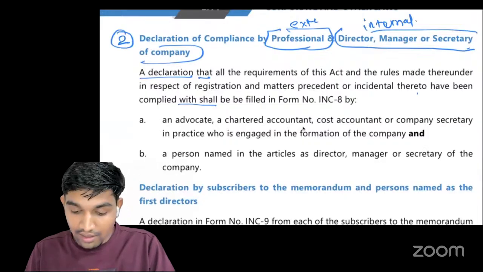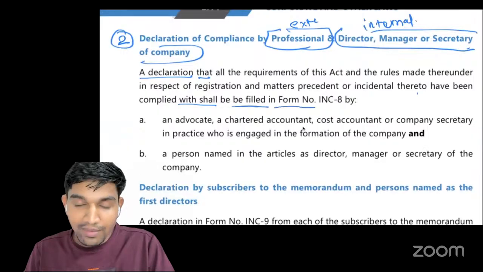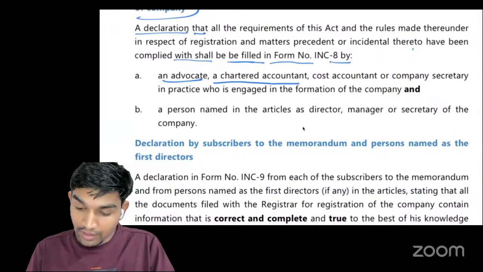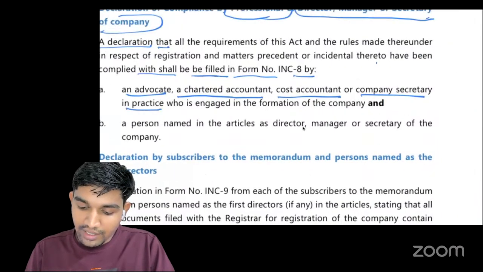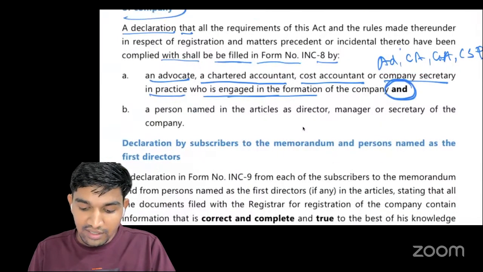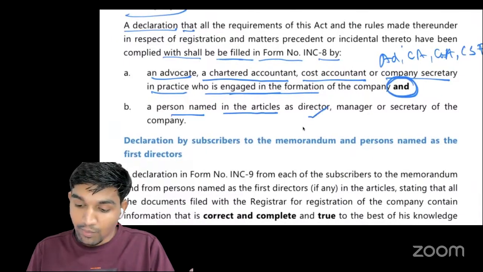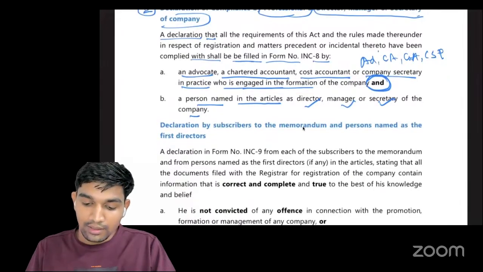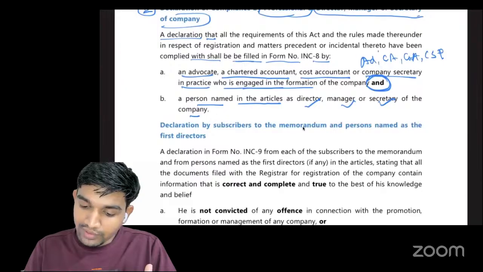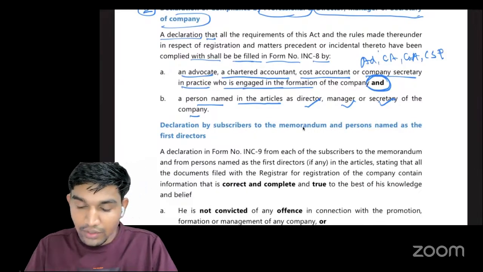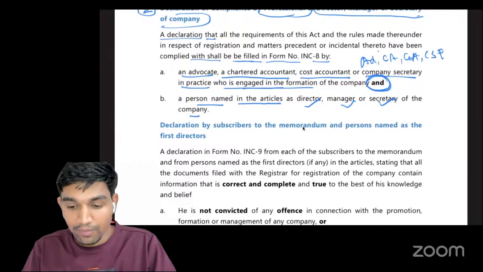It shall be filed in form number INC-8 by an advocate, chartered accountant, cost accountant, or company secretary in practice who is engaged in the formation of the company, and by a person named in the articles as director, manager, or secretary of the company.